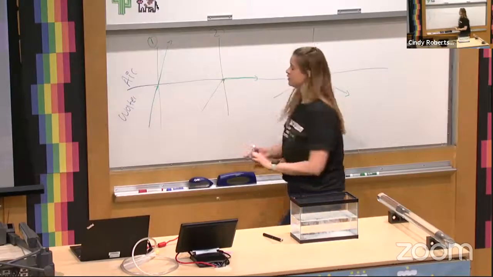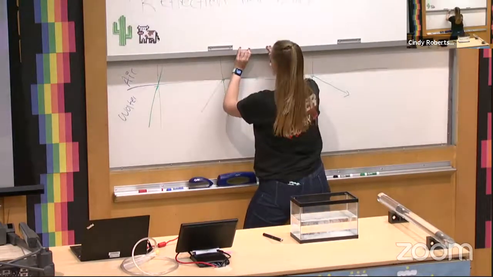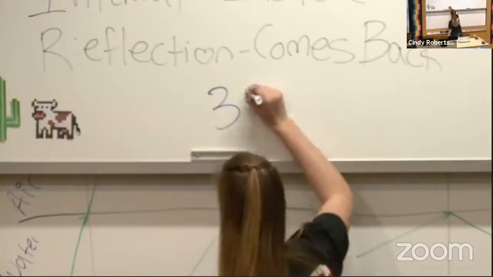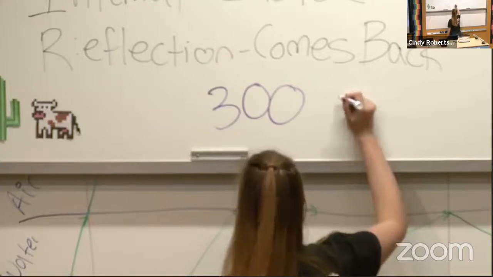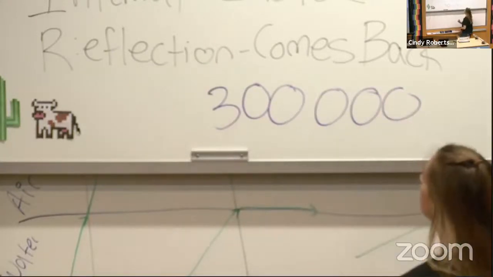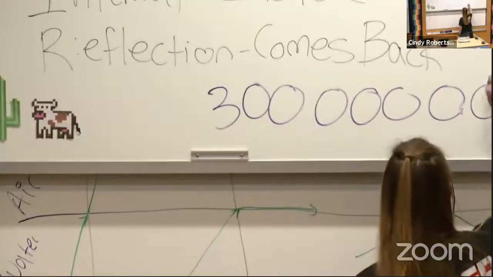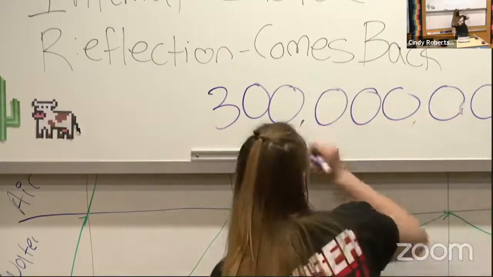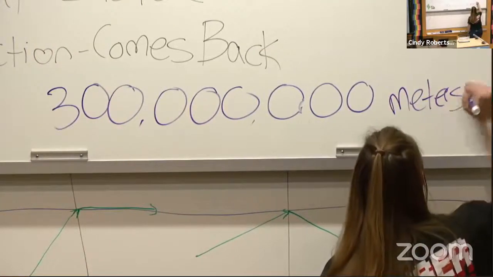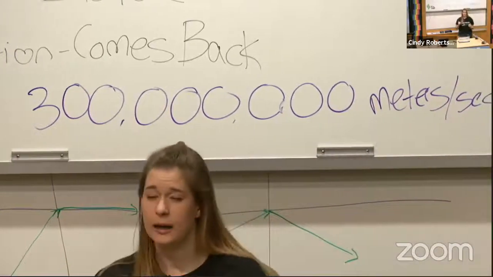So I'm just going to start throwing some numbers up here. Light is going to travel at 3, and we're just going to keep adding zeros until we reach the speed of light. Okay, so we're at 300,000 right now, and we're just going to keep going, add some more zeros. So light actually travels at approximately 300 million meters per second.